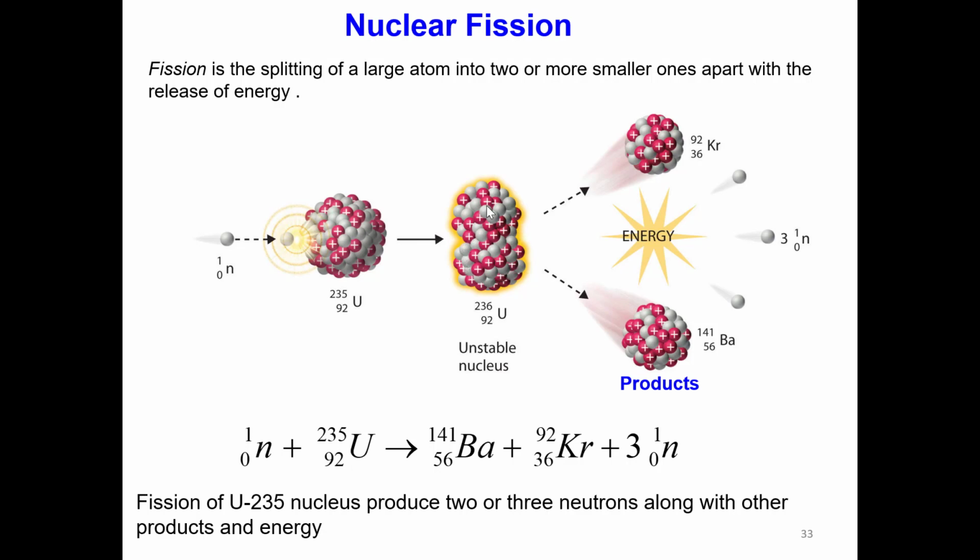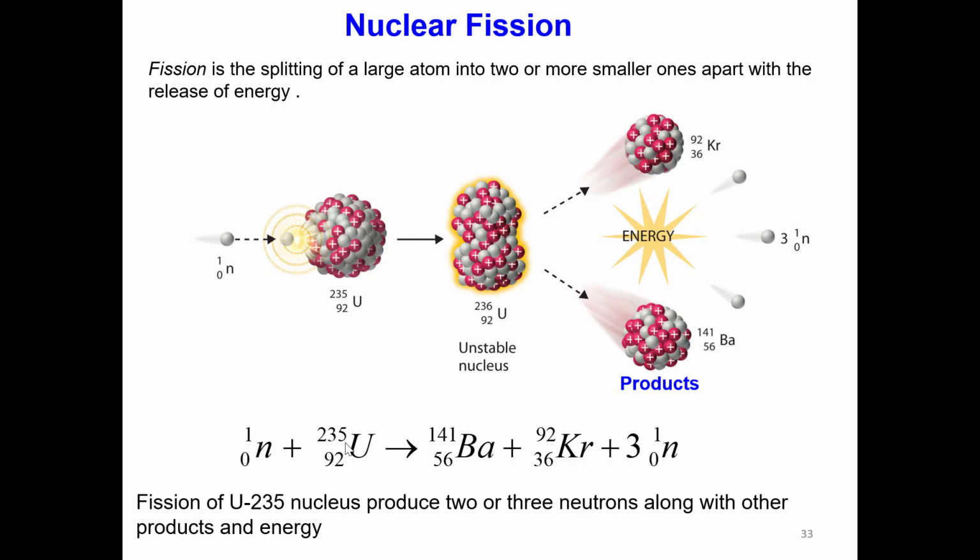Because it's more unstable, it is easier to break into products. What products? Usually in this kind of nuclear fission reaction, the uranium is split into krypton and barium and some other isotopes, but these are the main two, plus 3 neutrons and energy.